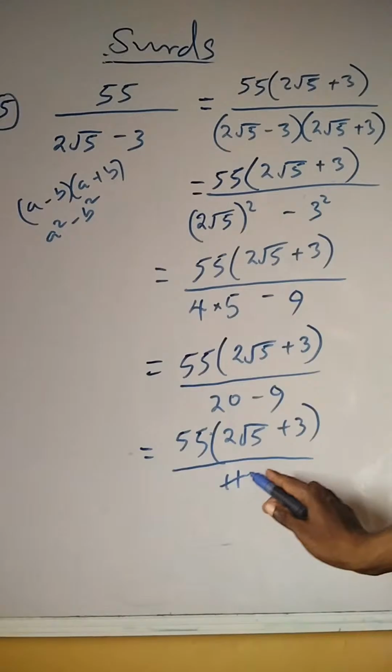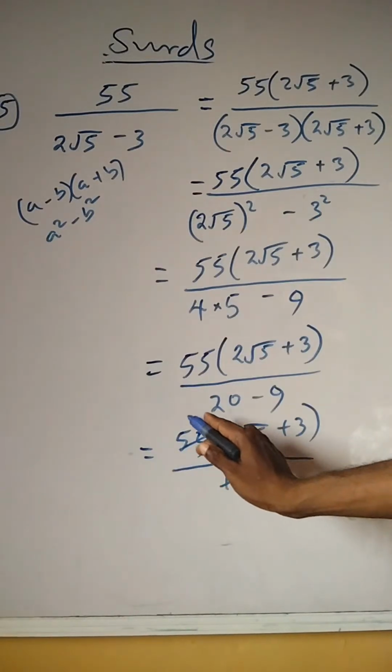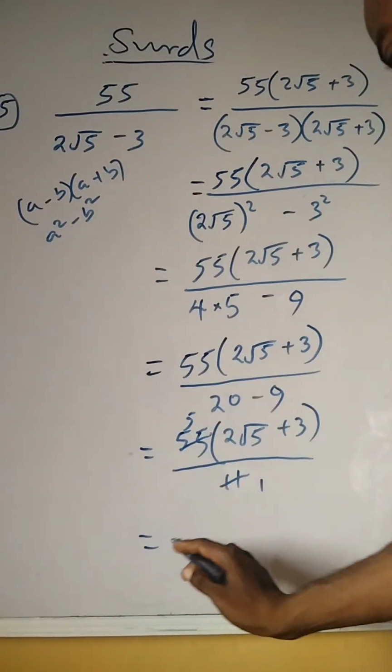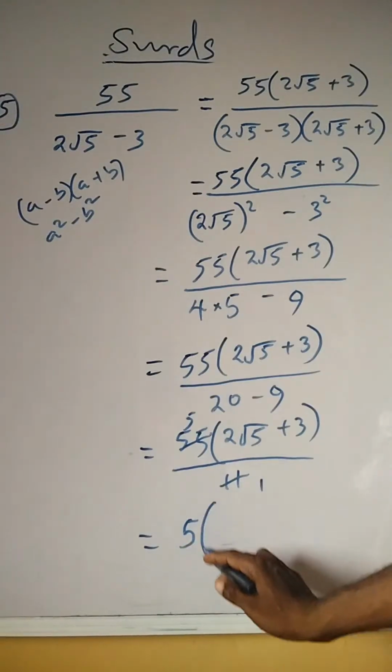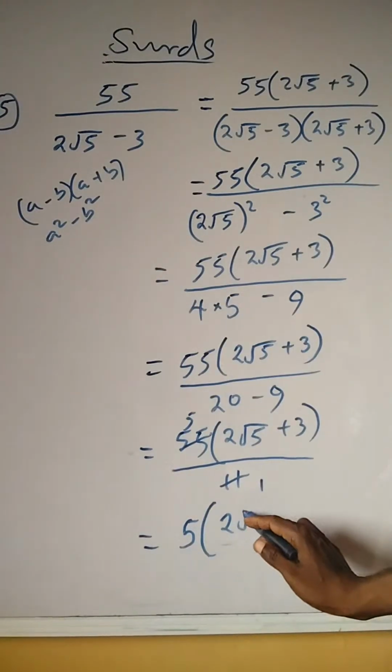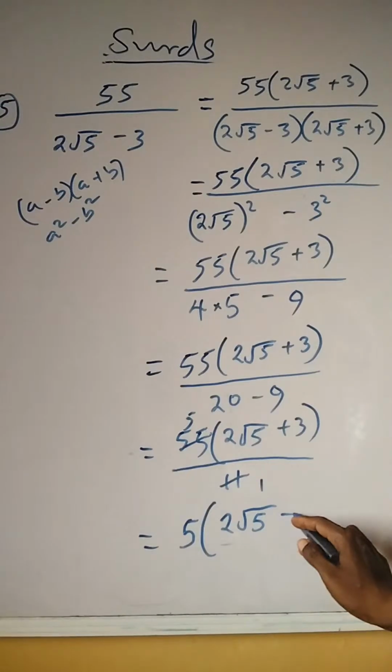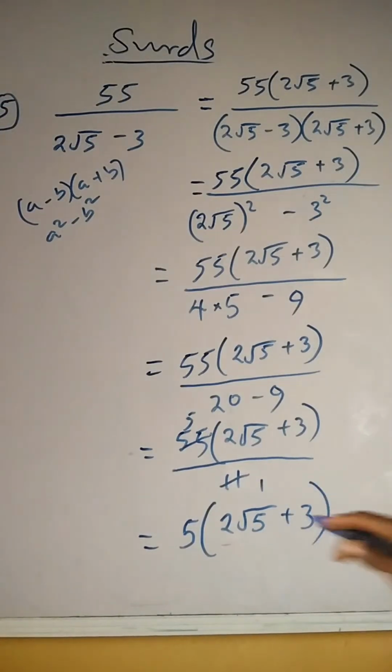And we can reduce this. 11 goes into 11 once, 11 goes into 55 five times. And this reduces to 5 multiplied by 2 root 5 plus 3. So here we have this as the simplified form of this given problem.